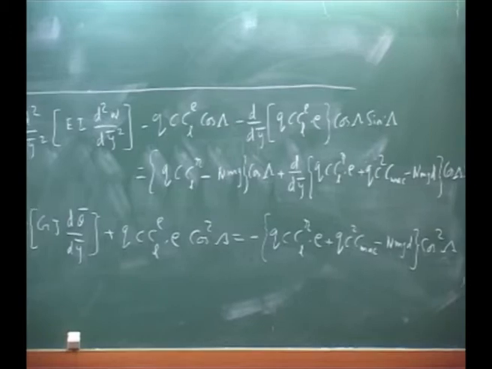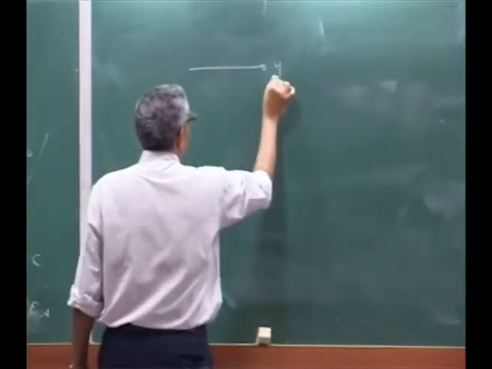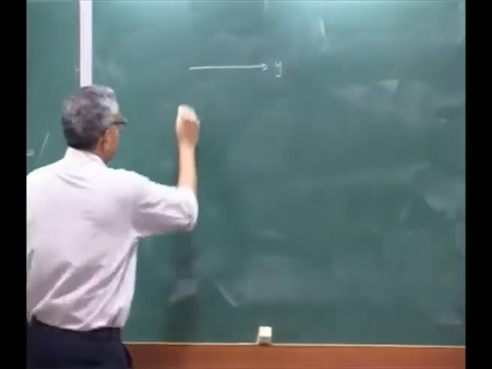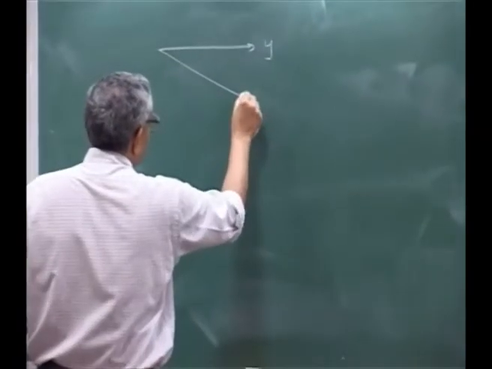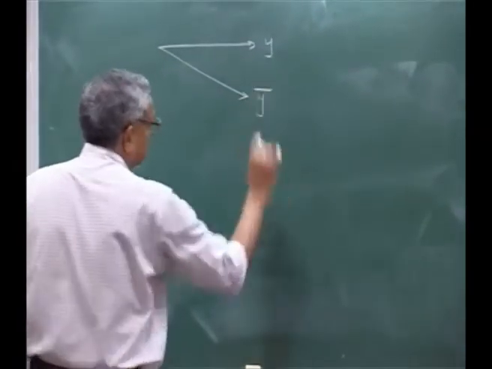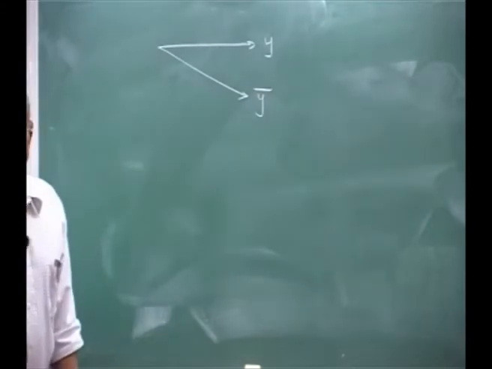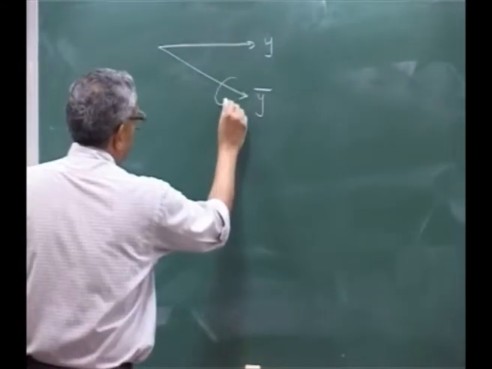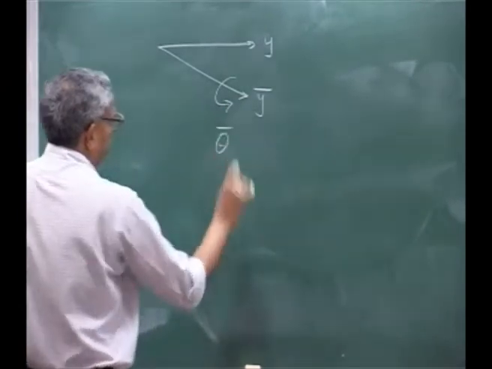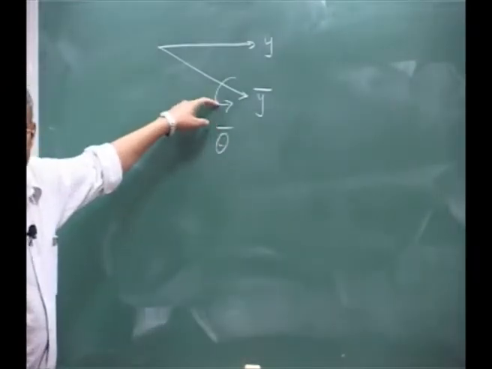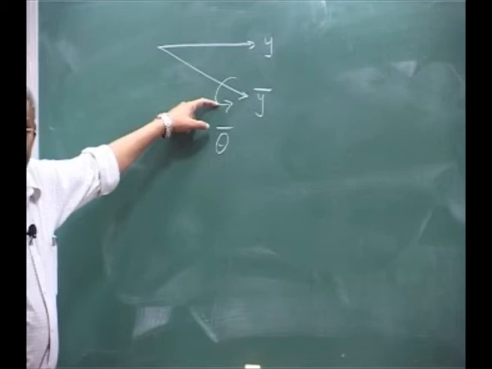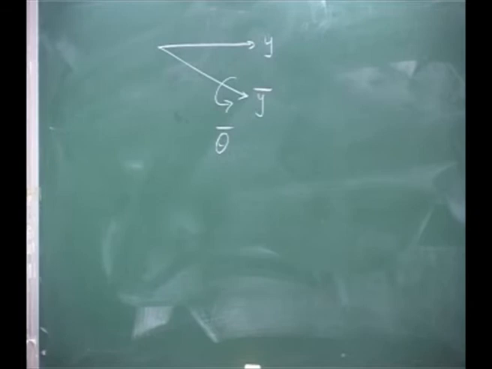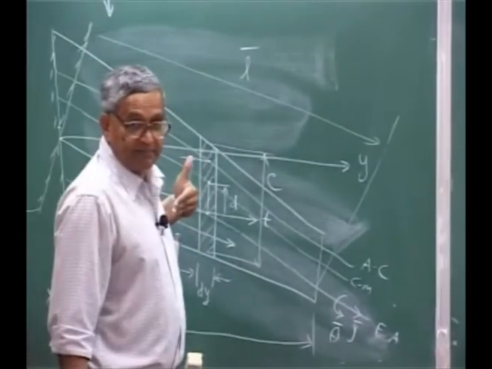we had our, this is my y axis, this is my y bar axis, okay, and I have a theta bar twist and also a bending twist, which I am taking W is coming out of plane.